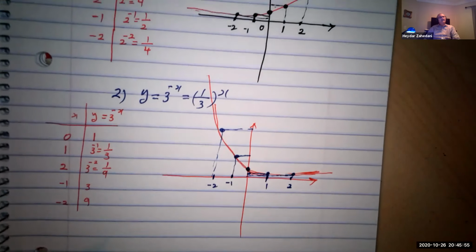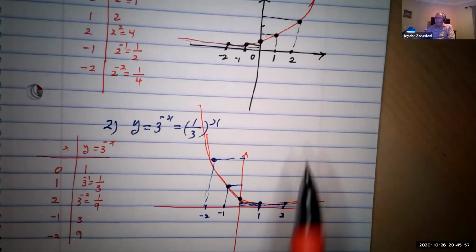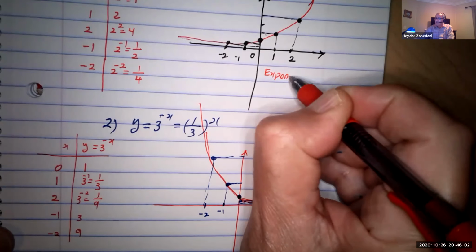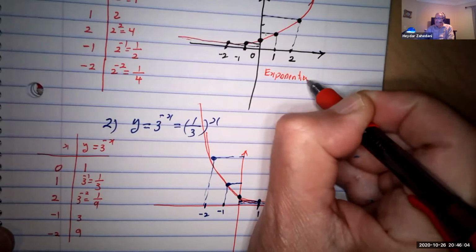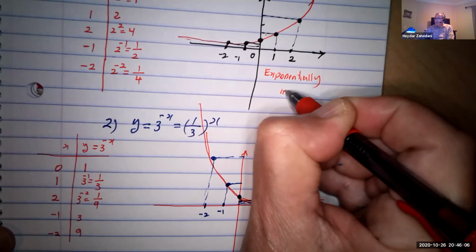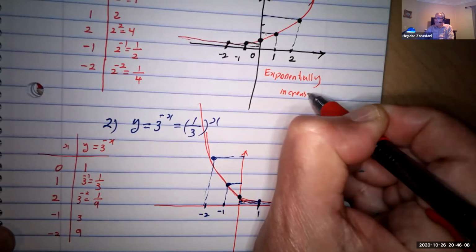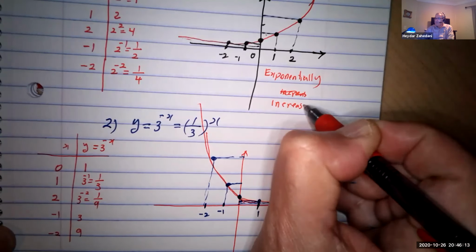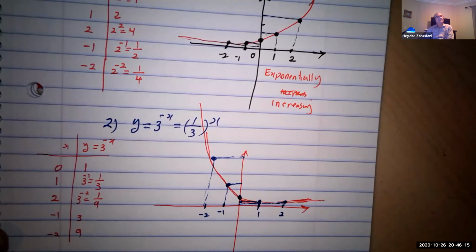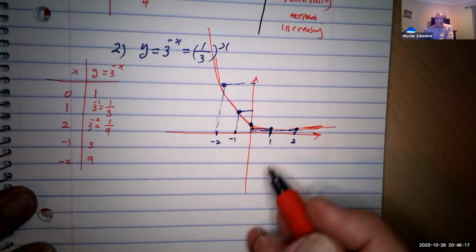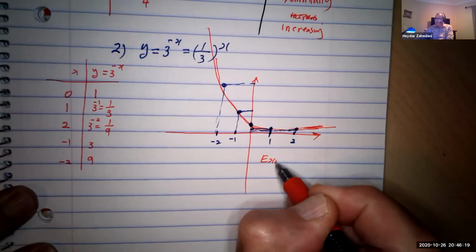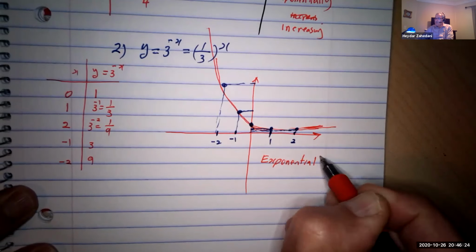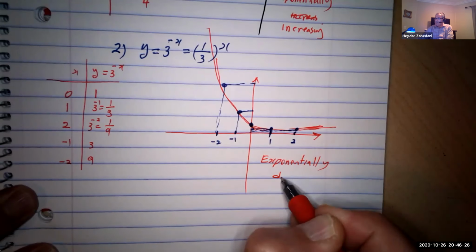Okay, so this part is exponentially increasing, sorry, increasing. But this one is exponentially decreasing.